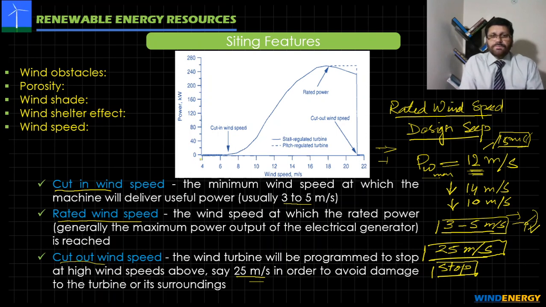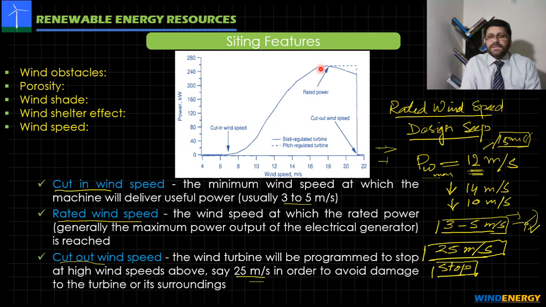So this plot is also showing the same thing. Here we have the wind speed in meter per second, and here we have the power output, and the maximum power output we are getting at, let's say, 18 meter per second. So we can say that this is the plot for the case of a wind turbine where the rated wind speed is 18 meter per second.